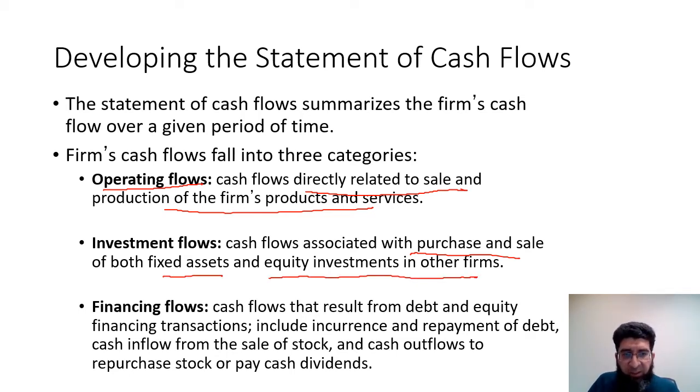While financing cash flows result from debt and equity financing transactions, including incurrence and repayment of debt, cash inflow from the sale of stock, which is important that you should remember comes under financing flows, and cash outflows to repurchase stock or pay cash dividends. So we'll go through this whole statement.